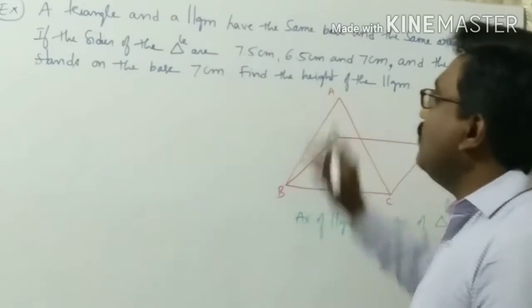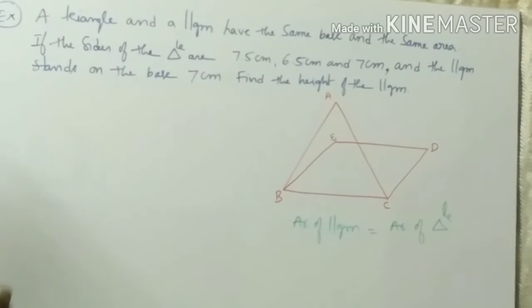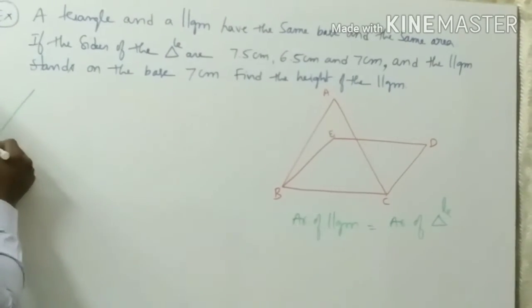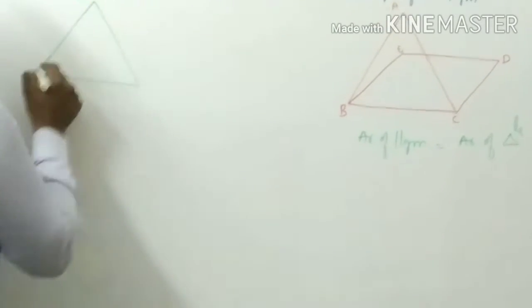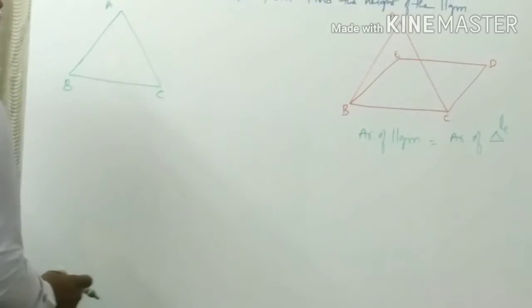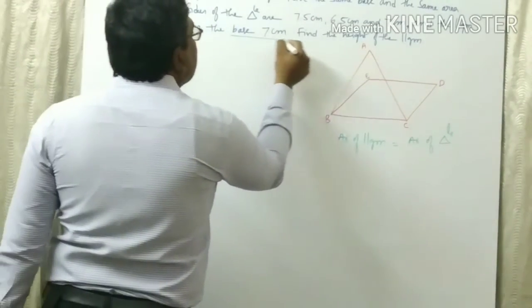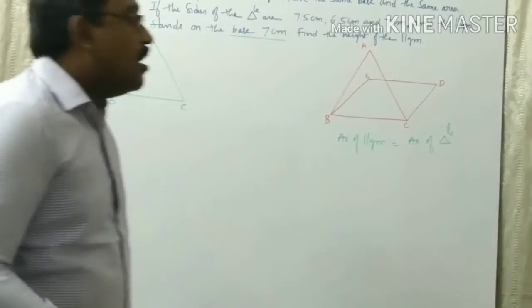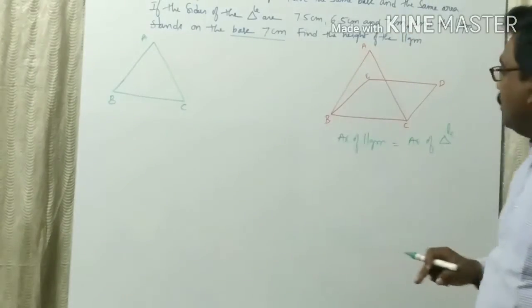Now, the sides of the triangle are given. I am taking the triangle separately. The sides of the triangle are A, B, C. Here the clear information is given: the parallelogram stands on the base 7 centimeters.